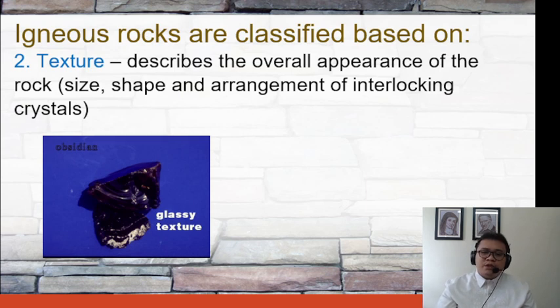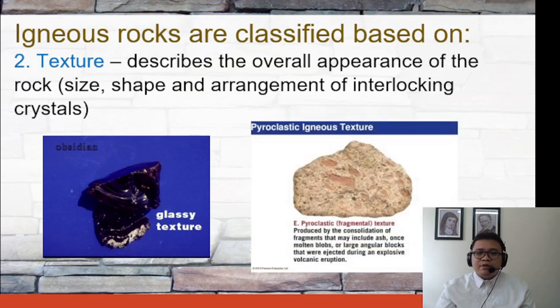So that's why obsidian was very popular during the ancient period. We also have the pyroclastic igneous texture. Pyroclastic also means fragmental. So that's another classification according to texture.